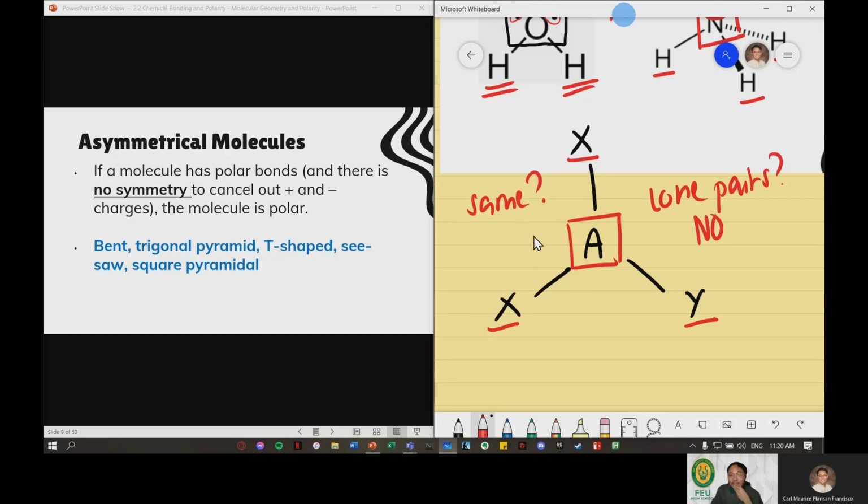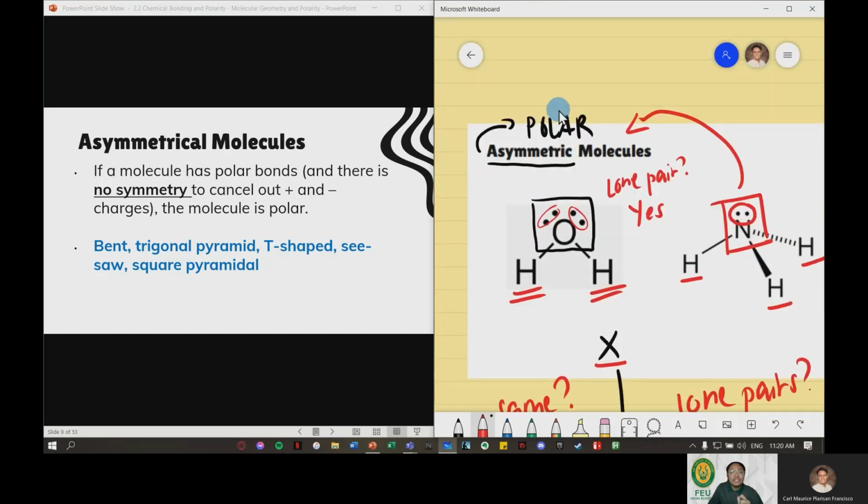Are they the same? The terminal atoms are X, X, Y. They are not the same. Meaning to say, one of the conditions is not met. Even though there are no lone pairs in the central atom, the moment that you see that the terminal atoms are not the same, your answer would be polar asymmetric.